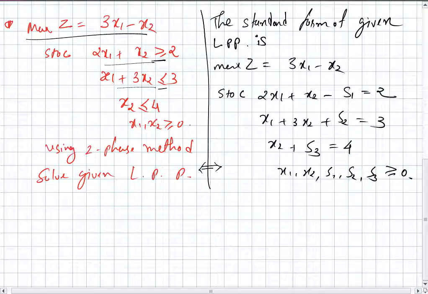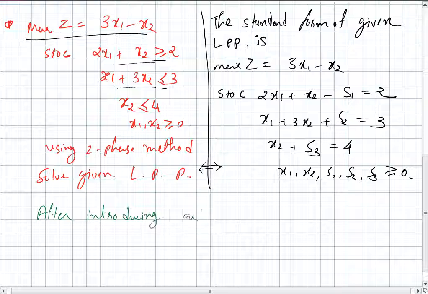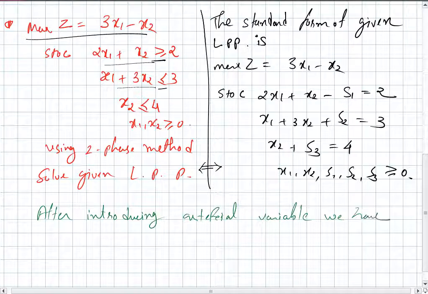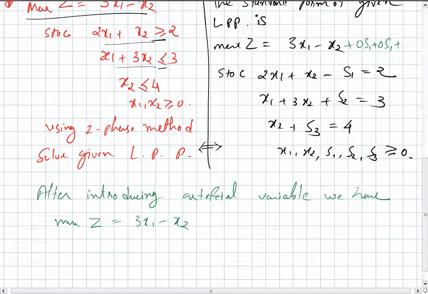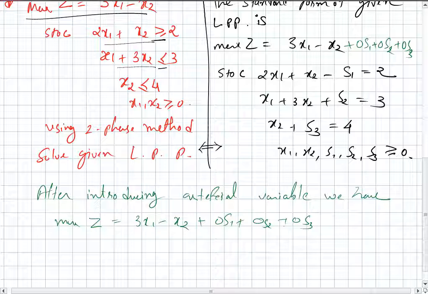After introducing the artificial variable, we have the following form of the given linear programming problem: maximize z = 3x1 - x2. Here s1, s2, s3 are not written in the objective, so we write it as plus 0 s1 plus 0 s2 plus 0 s3.